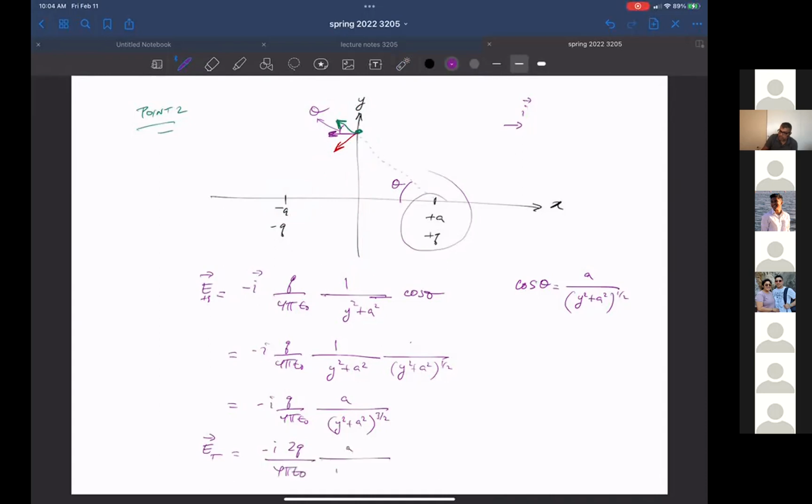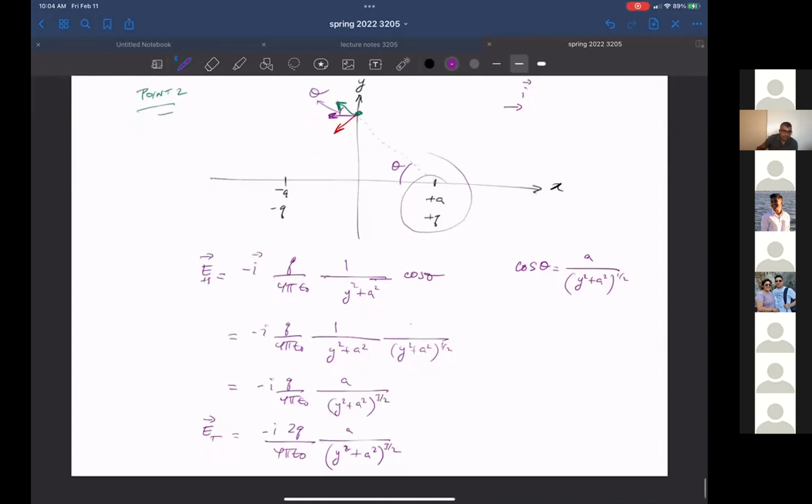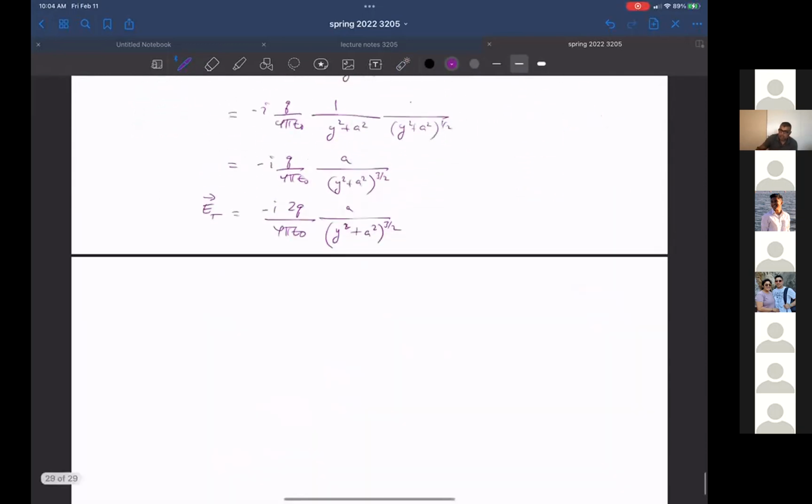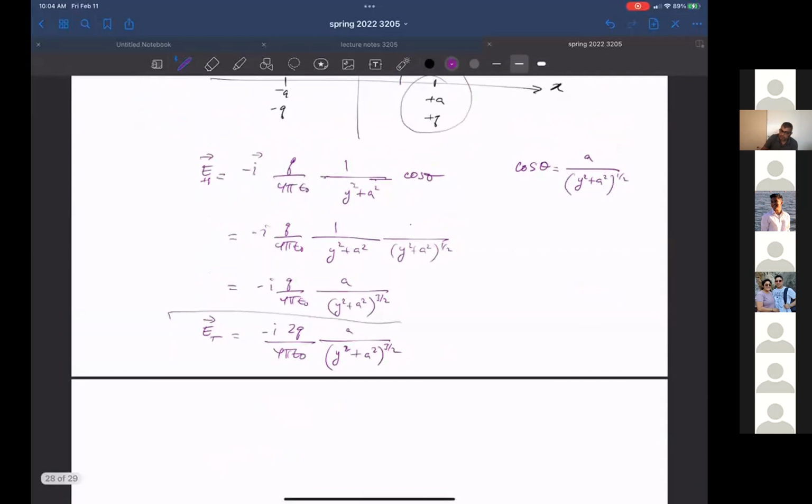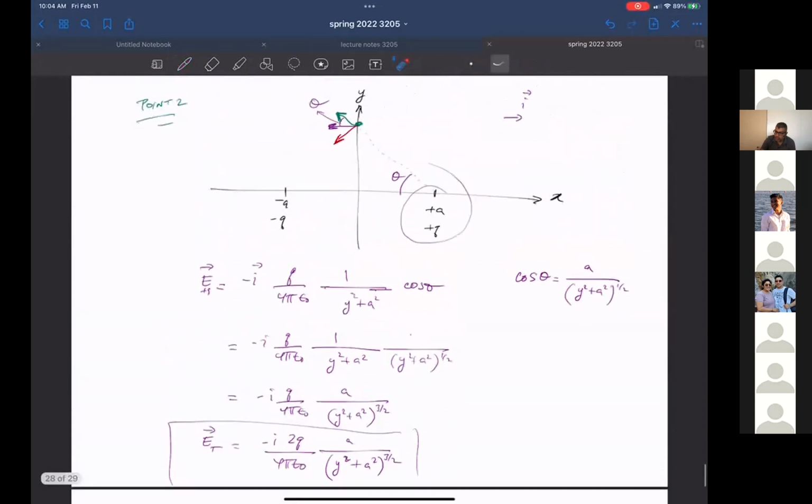This is what happens when you fake a problem to make it easy. And that's what I come up with. So that's what you get for the electric field anywhere on this y-axis. Okay, so what does it tell us?